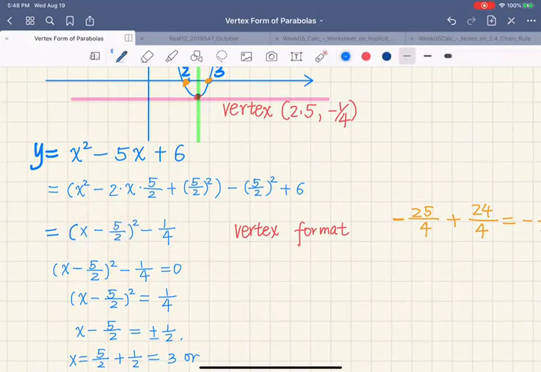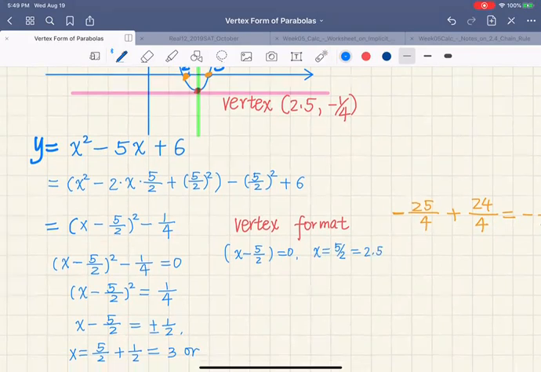So you say, I'm going to make the parenthesis equal to 0. So Valeria, x equals what? x equals 5/2, which is 2.5, right? Yes. You can use fraction or decimal, both are good.